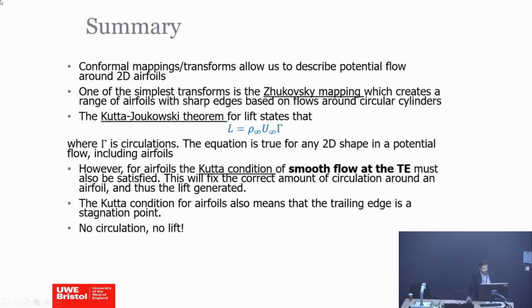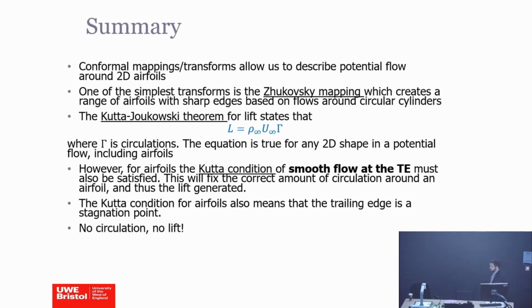Right, so conformal mappings or transforms give us the ability to describe potential flow around 2D airfoils. The reason being, it's very difficult for potential flow to model flows around airfoil shapes without this transformation or mapping. So we have to use that mapping.